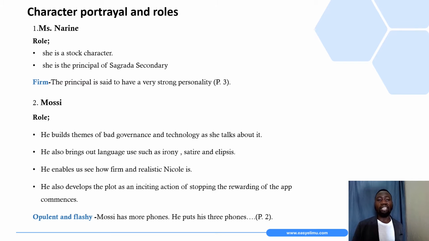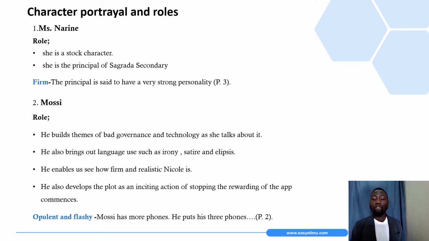What are some of the character traits of Mrs. Narin in this scene? We are told that she is firm. Someone who is firm is someone who says something and means it. So the principal is said to have a strong personality.